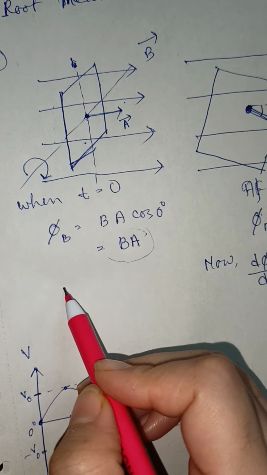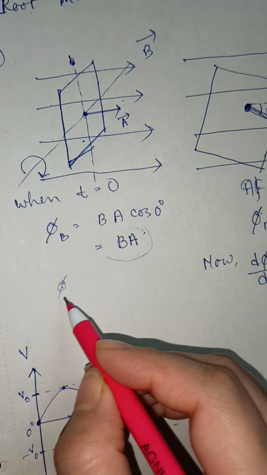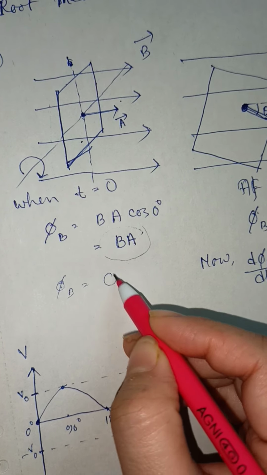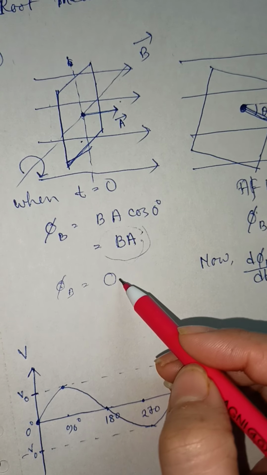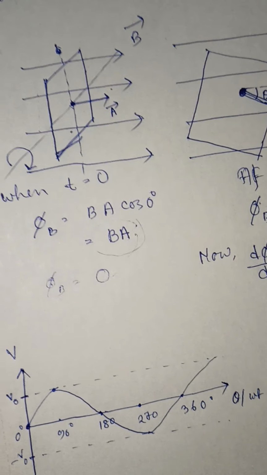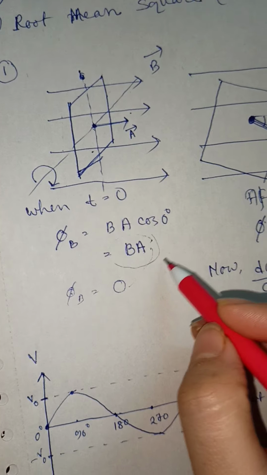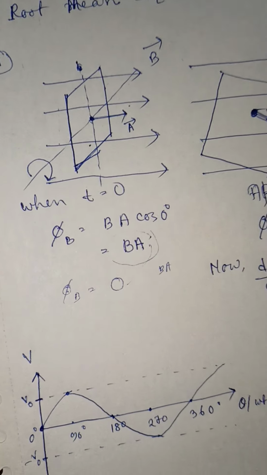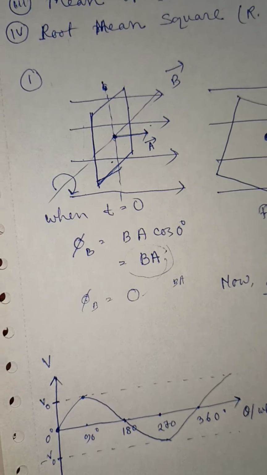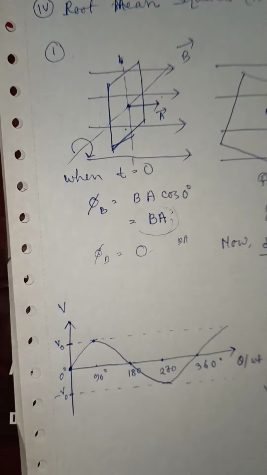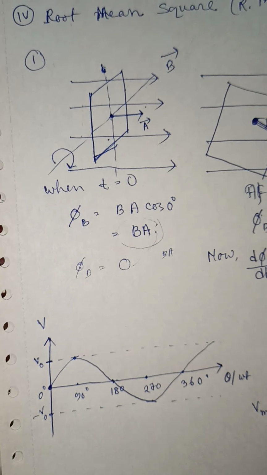When the loop rotates to 90 degrees, the flux linked with this loop equals 0. So the change in flux between 0 and 90 degrees is maximum, which is BA. That means the induced EMF or induced voltage is maximum at the 90 degree position, right?